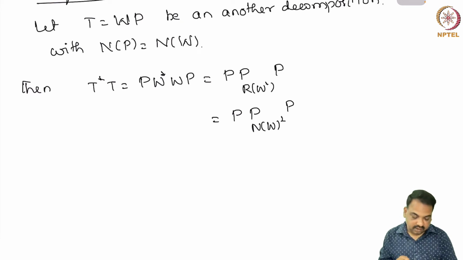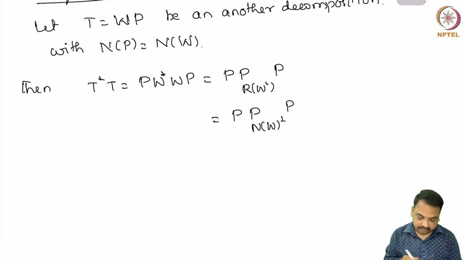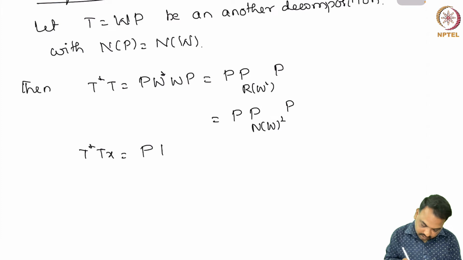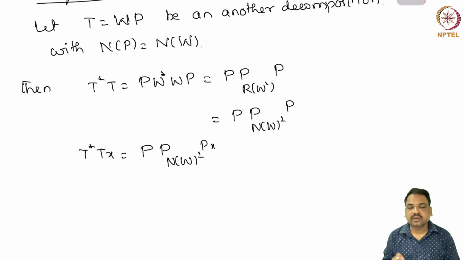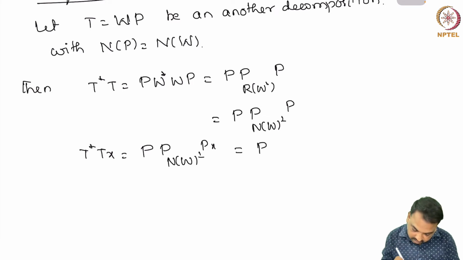So if I take T star T x, T star T x is P multiplied by projection onto null space of W perp, Px. Now Px is in range of P, but range of P is nothing but null space of P perp, because P is positive, and null space of P perp and null space of W perp are same. So this projection behaves like identity. This is P square x.